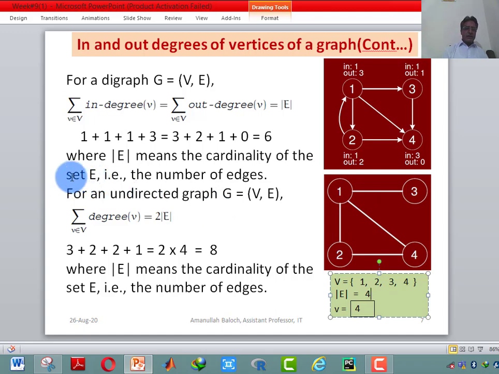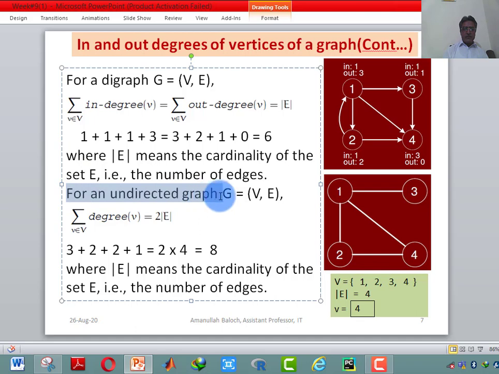Now we are considering this example. For an undirected graph we will consider only the degree. The equation is sigma over v belonging to V of degree of v is equal to 2E.